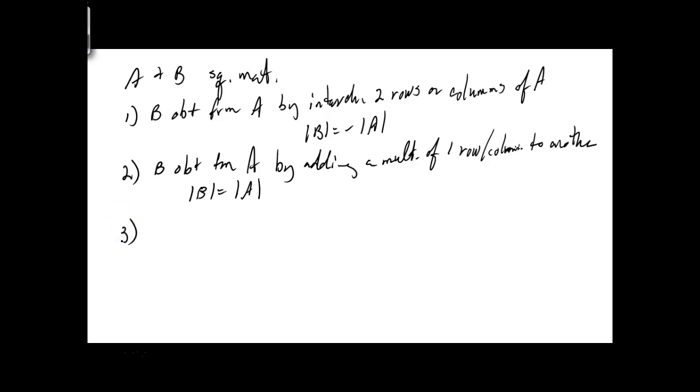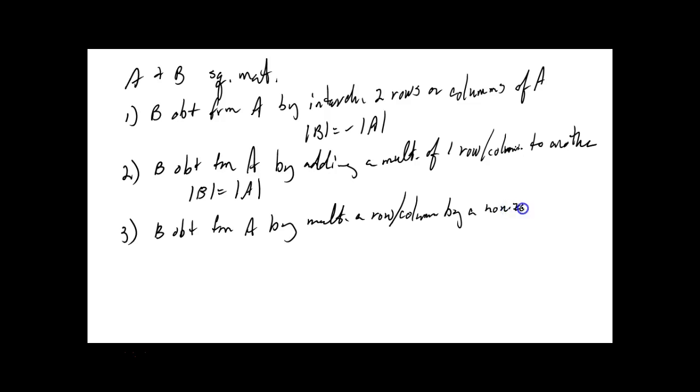And then number 3, when B is obtained from A by multiplying a row or column of A by a non-zero constant C, then the determinant of B is simply C times the determinant of A. I mixed my notation there, but that's what we got.